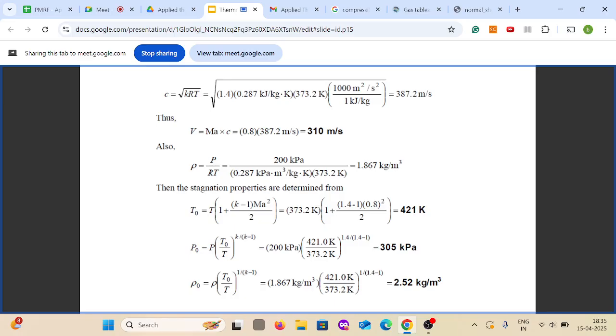So it comes out to be 387.2 meters per second. Next, the velocity is Mach number times the speed of sound. Since the inlet Mach is 0.8 and speed of sound is 387.2, the velocity comes out to be 0.8 into 387.2, which is 310 meters per second.